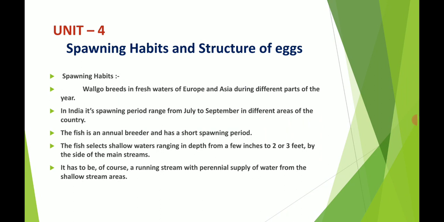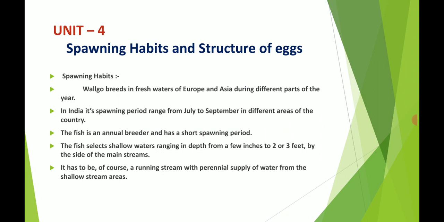Firstly, we will see what the spawning habits are, and after that the structure of eggs. Wallago breeds in the fresh waters of Europe and Asia during different parts of the year.